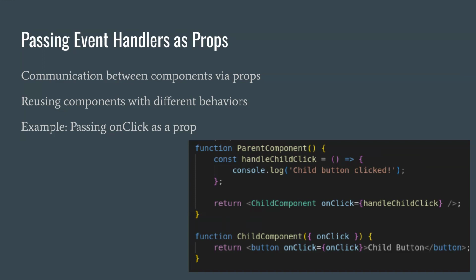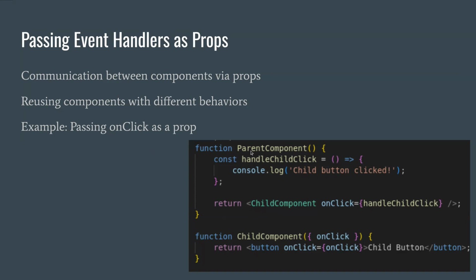So, for example, you can have a generic button component and make that receive a different onClick function as props depending on where it's used in your application.